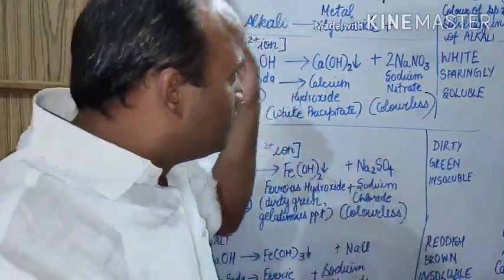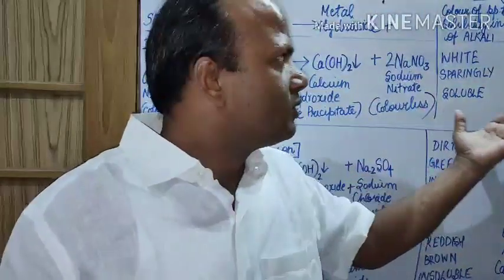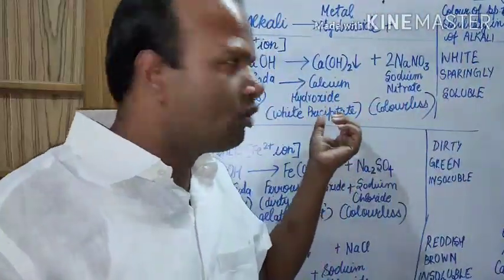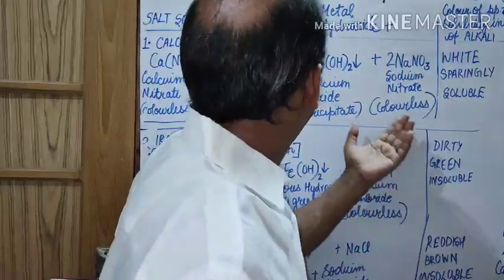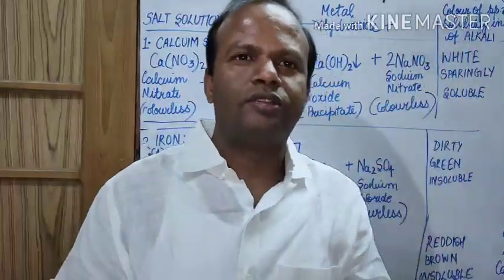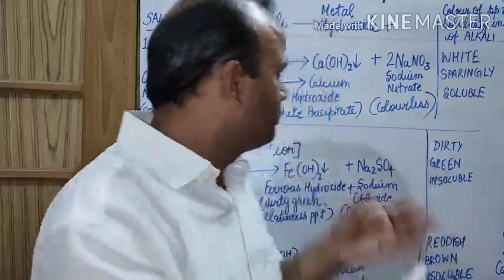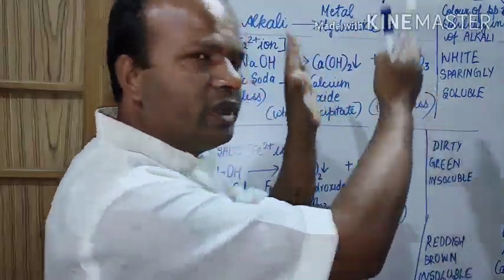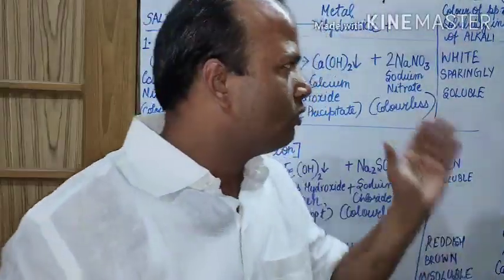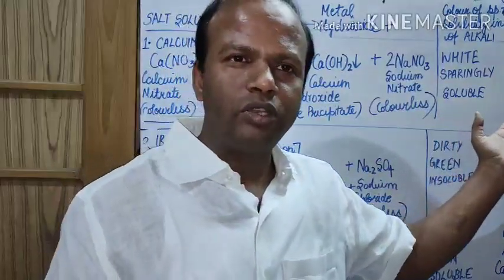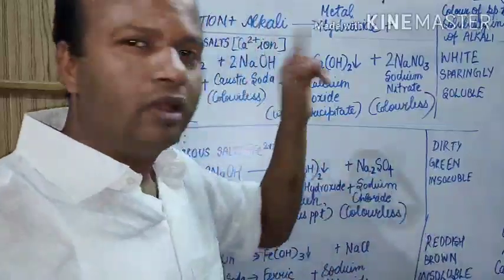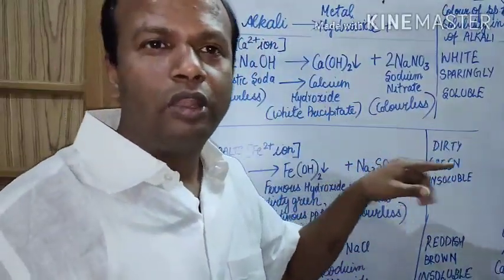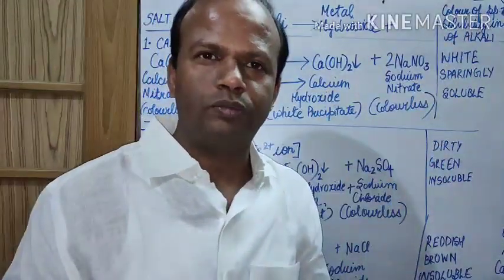Now the next step: we have added this NaOH drop by drop, and the next test is in excess. When you add it in excess completely, the observation you find will help you to distinguish which ion it actually belongs to.